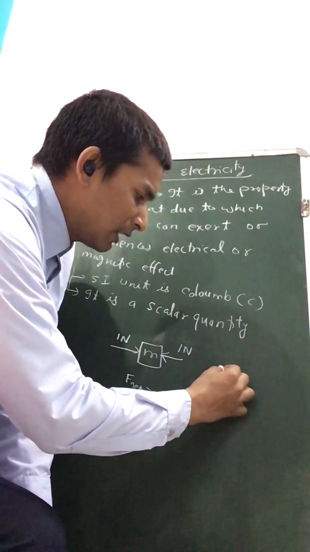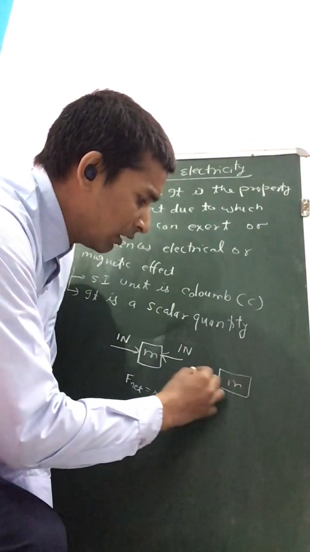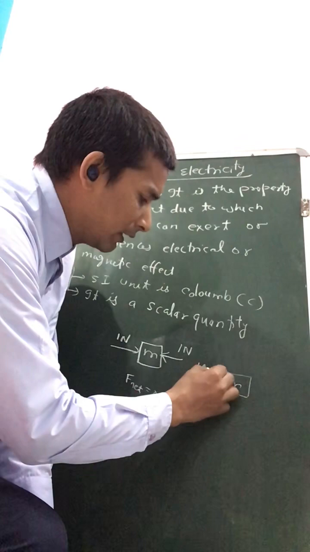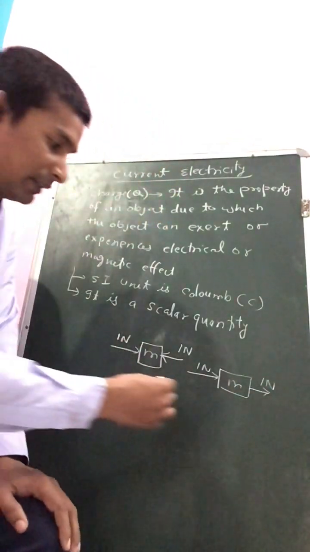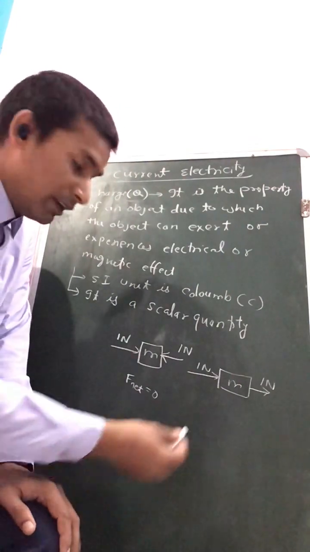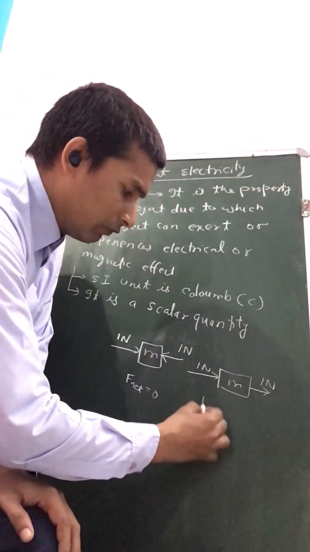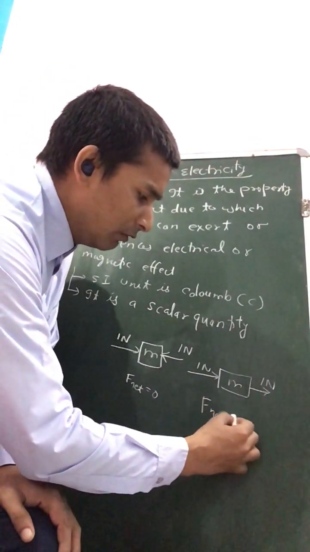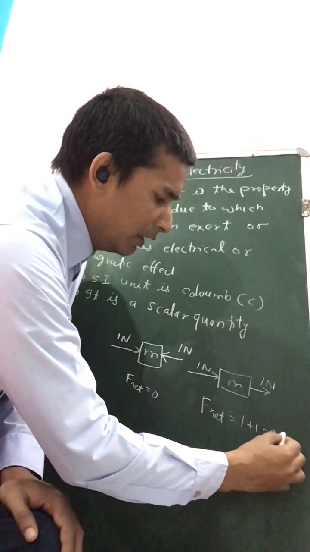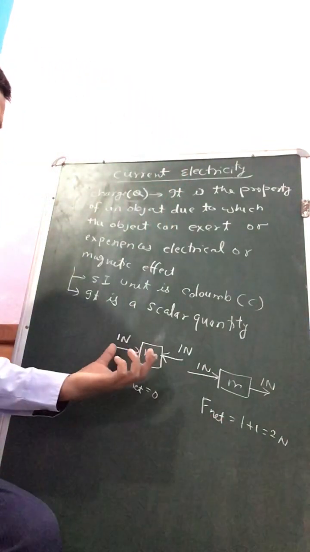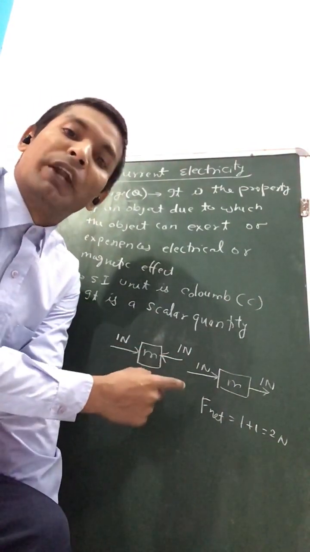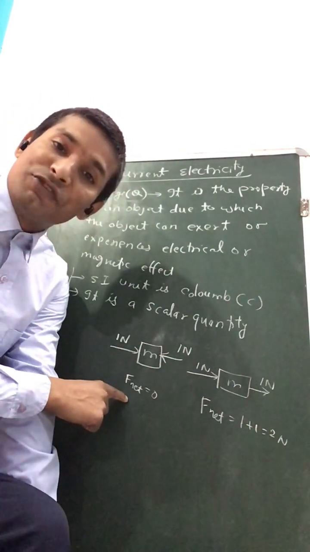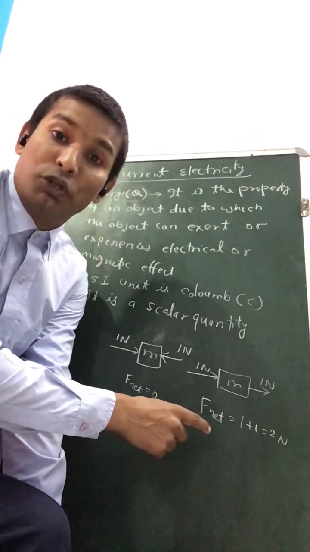And if the forces act along the same direction, it will be 1 plus 1, 2 Newton. So here we have two forces, each of magnitude 1 Newton, but in one case 0 and in the other case 2 Newton.